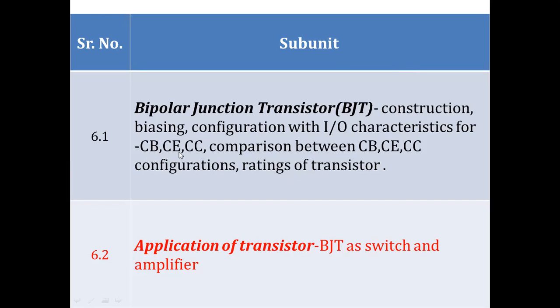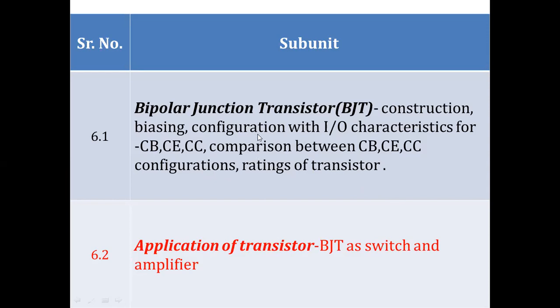If emitter is common, it is common emitter. If collector is common, it is common collector. So comparison of all three we are going to consider, and ratings of the transistor in all three configurations we are going to discuss in the first part, and in the last, application of the transistor as a switch, how it operates like a switch, we are going to discuss.